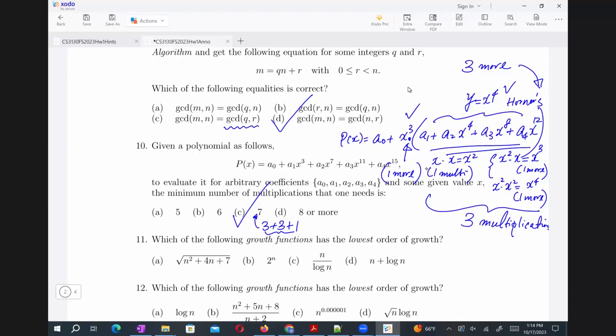Well, in the midterm, you will have 2 similar questions like these 2. Don't miss that. 8 points. Number 1, number 10. Definitely you will have 2 similar questions.